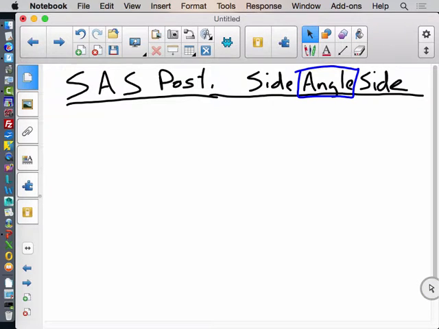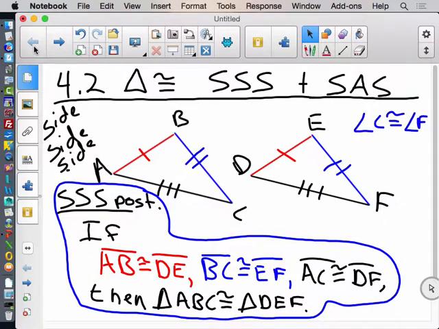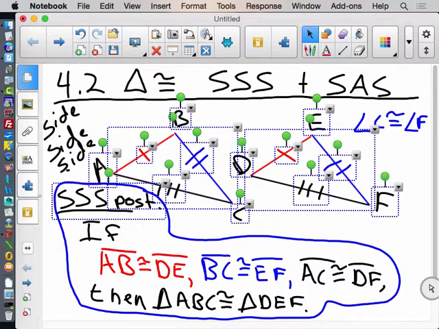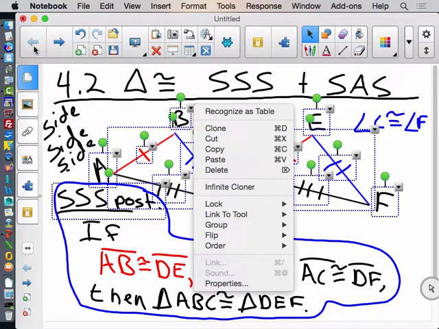I'm going to go back and copy and paste my first diagram, if I can. I'll have to delete some stuff.